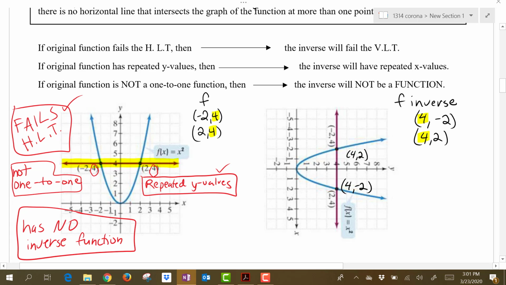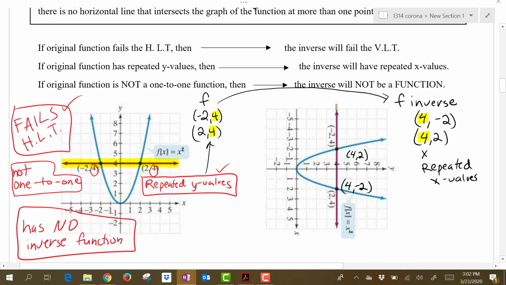So when you look at the original function list of ordered pairs, it has repeated y values. When we reverse those ordered pairs, we create the list of f inverse. But now when we look at the list of f inverse, we see that we have repeated x's. Now what that means is that the inverse function would end up failing the vertical line test.